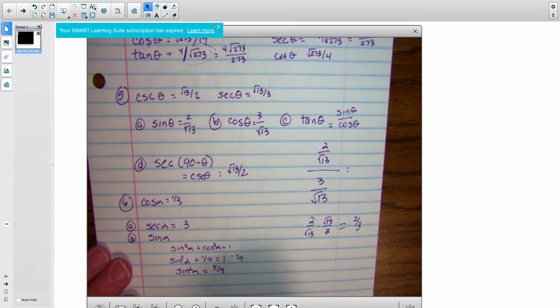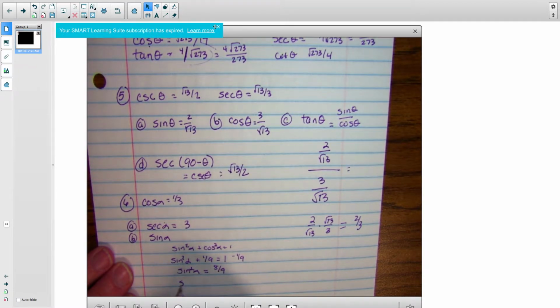That's 8/9. Square root it. Square root of 8 over 3, which is 2 square root 2 over 3.